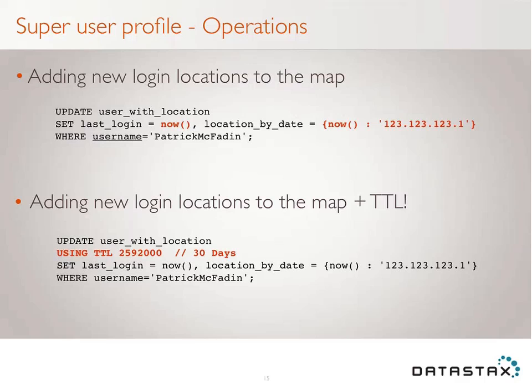In this case, I added this using TTL of, and then it's in seconds, and really what that is is 30 days. So I get 30 days of data in this map, and then what's really nice and convenient and very useful is that it will magically disappear at the end of 30 days.